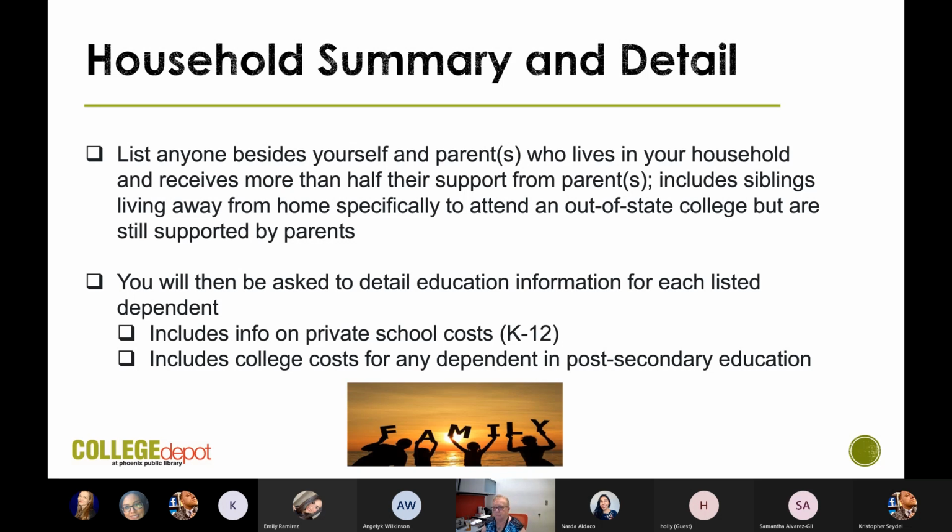You will be asked at the point where you define these other people. Who are they? What are their ages? And I'm looking at them right now. In my scenario, I have a brother. He is my sibling. He's listed as a dependent under the summary.